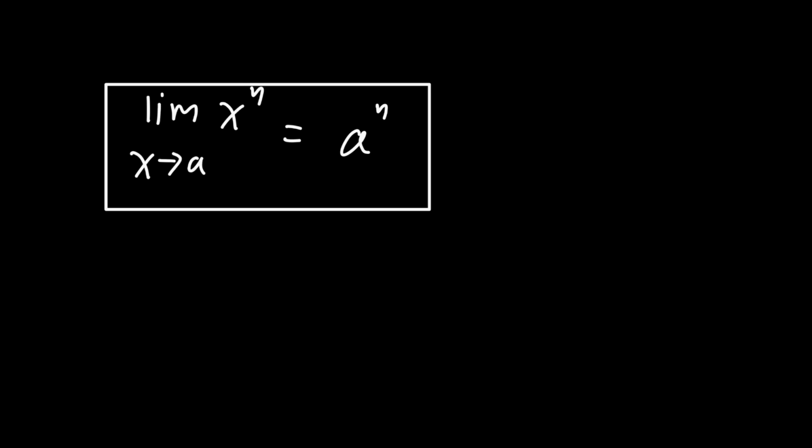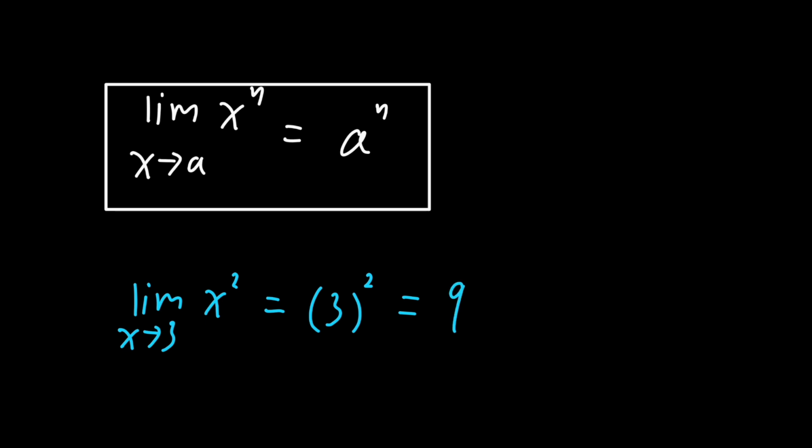For example, if I give you the limit of x to the power of 2 as x approaches 3, what does that equal? We just use direct substitution, replacing the variable x with the number 3. So it's going to be 3 to the power of 2, and simplified, it will be 9. That's the answer of this limit by using direct substitution.